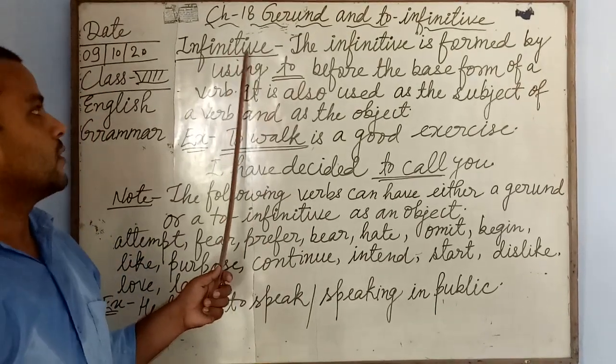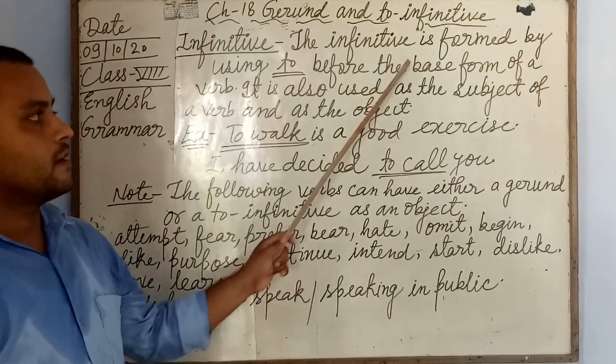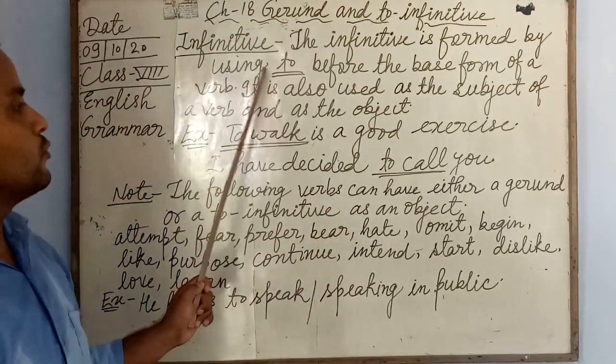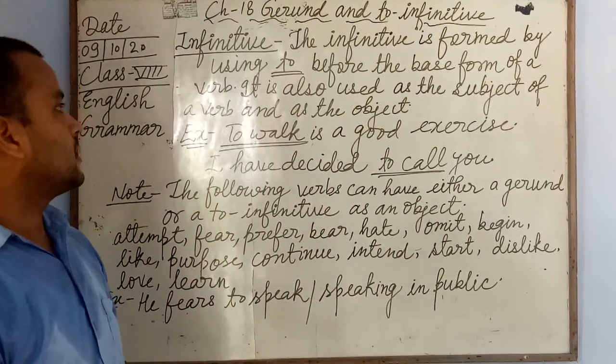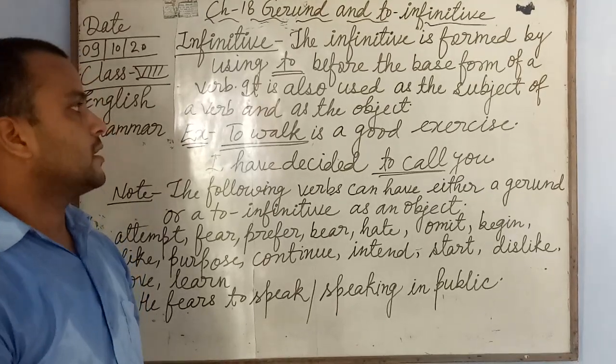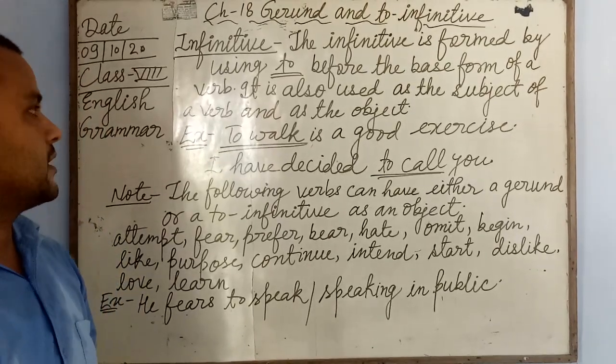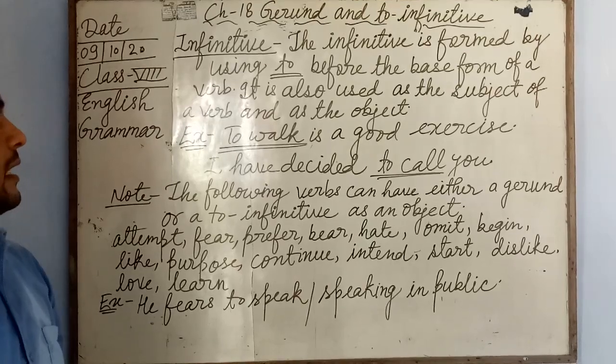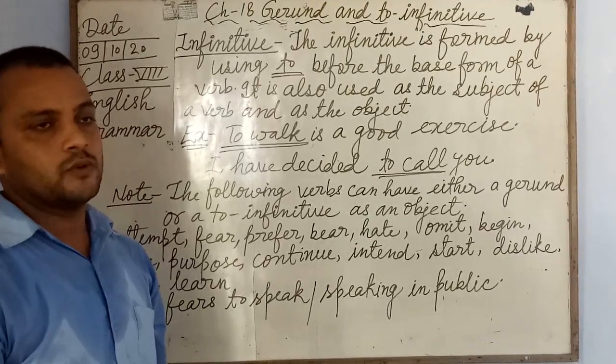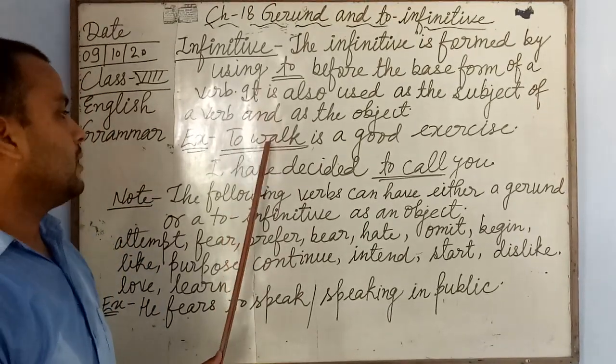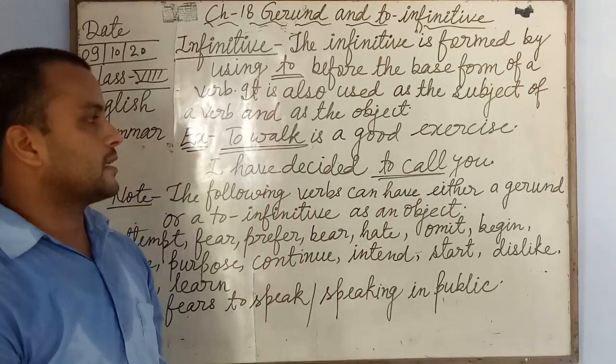Okay, now see what is infinitive. The infinitive is formed by using to before the base form of a verb. It is also used as the subject of a verb and as the object also. For example, to walk is a good exercise.